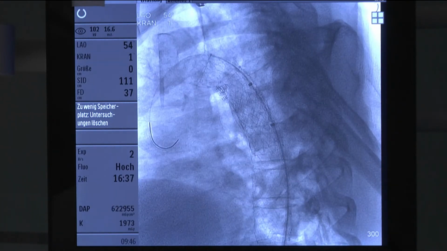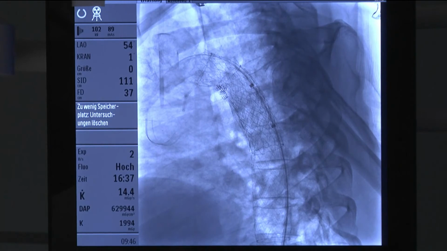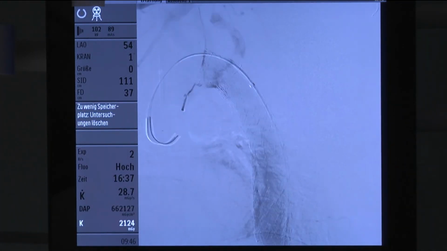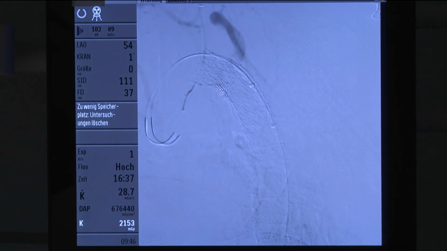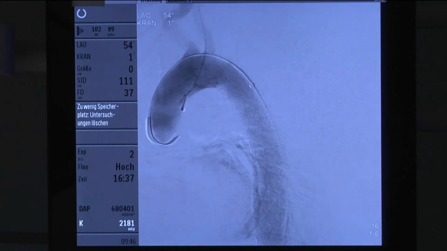We're going to do an angiography at this position. Apnea, please. Nice. Okay. So we have at least angiographically good flow to the left carotid.